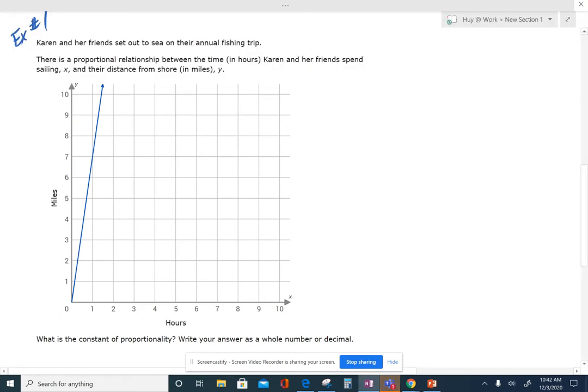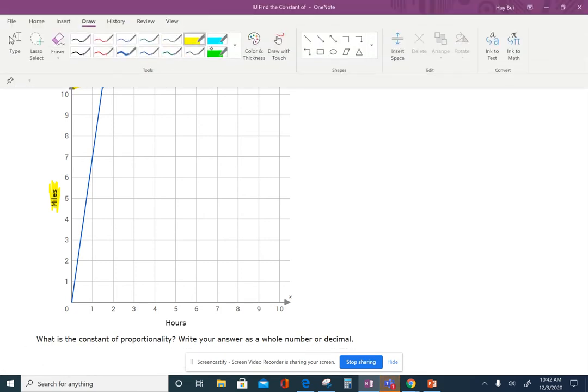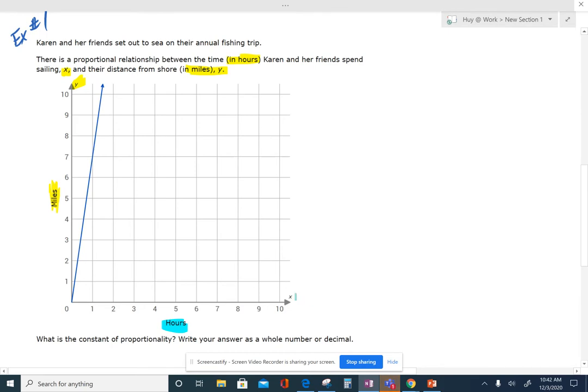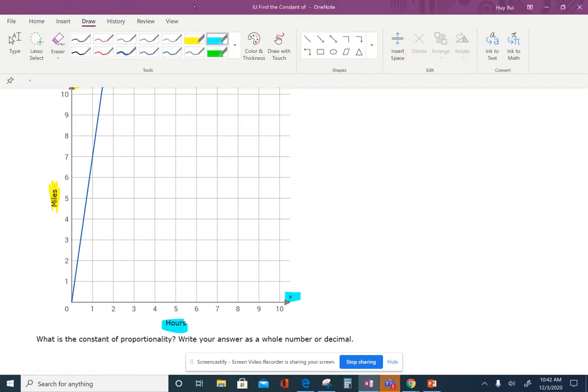So we're seeing that the time is actually x and the distance is y. Okay, so here's your y-axis right there, and there's your miles. Your hours is your x-axis here. So we're talking miles per hour.